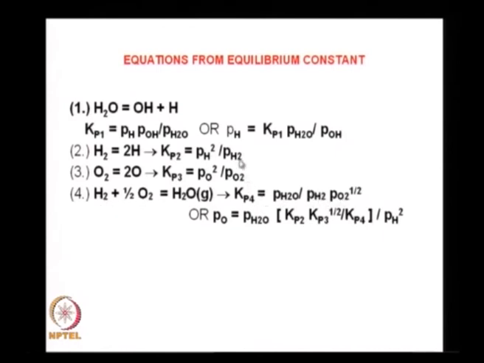That means I use these 3 equations and solve for the value of pO. I get pO2 equal to Kp4 root divided by root pH2 divided by root pH2O, and again I substitute the value of pH2 from here, and I get the value of pO as equal to pH2O into Kp2, Kp3 half, Kp4 and pH squared.